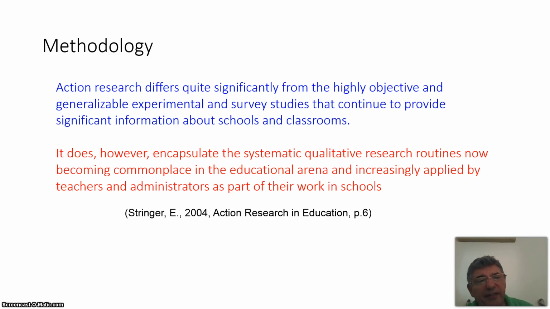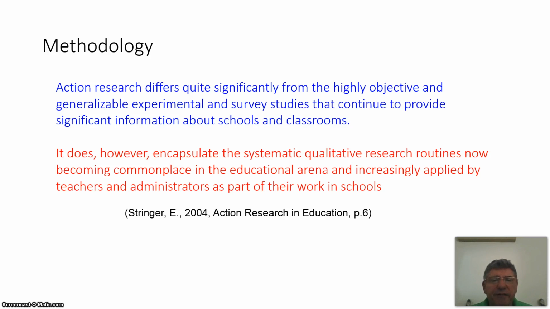Now, a few notes on the methodology, because often people think, well, action research isn't really proper scientific research in education. Well, it is in the sense that it's how well it's done. If it's just done on a very ad hoc basis, it's still perhaps useful that we get some understanding, but it's perfectly pertinent to use established methods of qualitative research, like grounded theory, phenomenography, and various other methods to make the research rigorous.